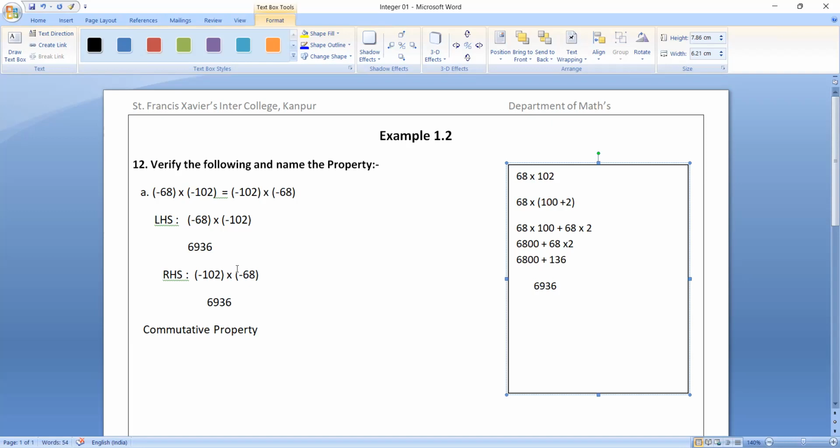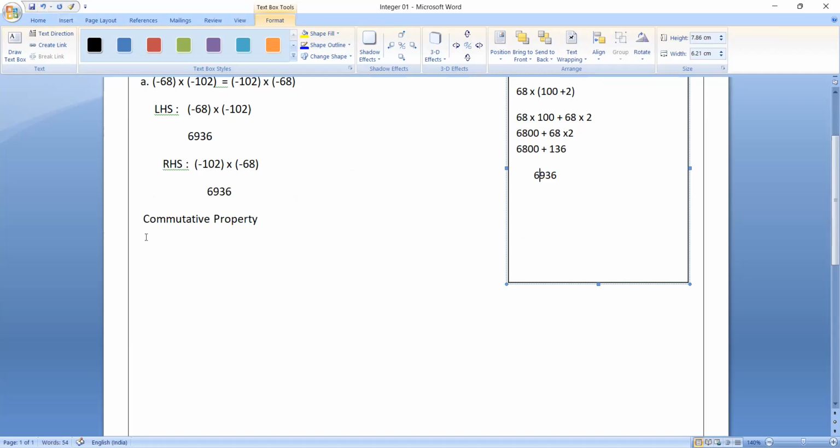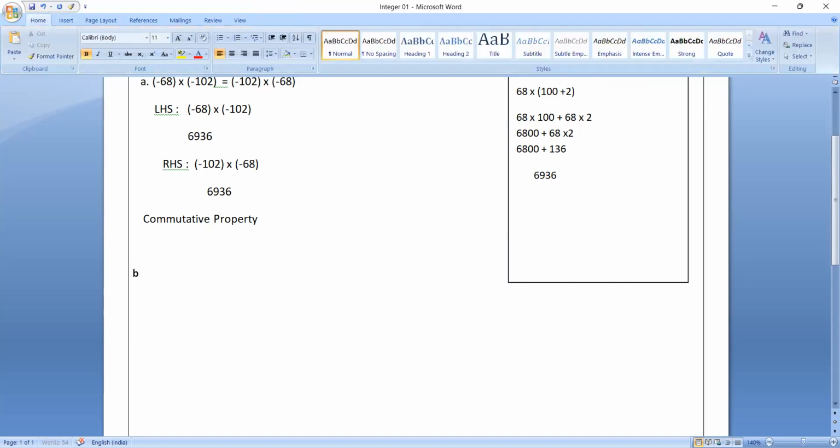Okay, now the next part is also very easy. The next part says that minus 15 into 4 into 28.